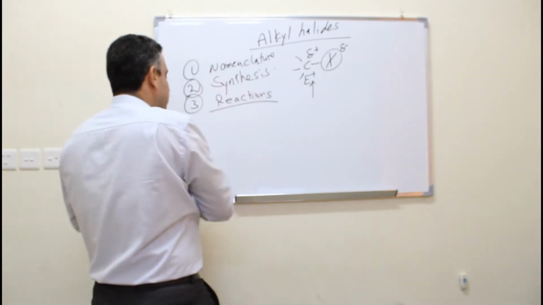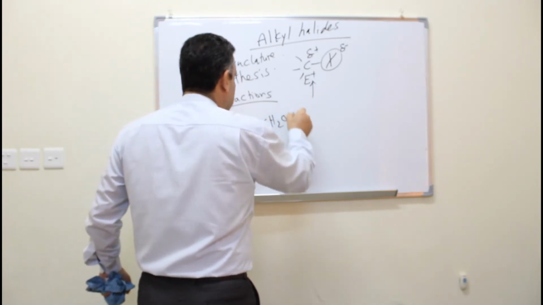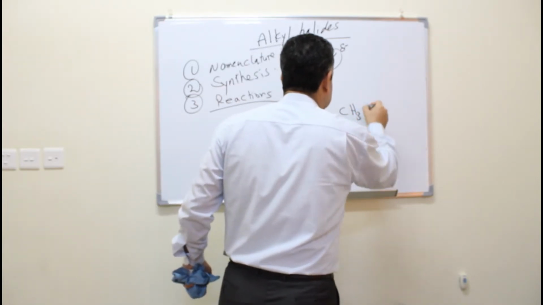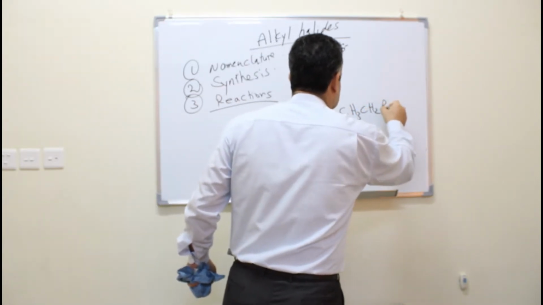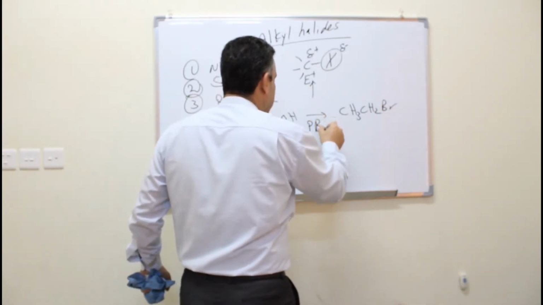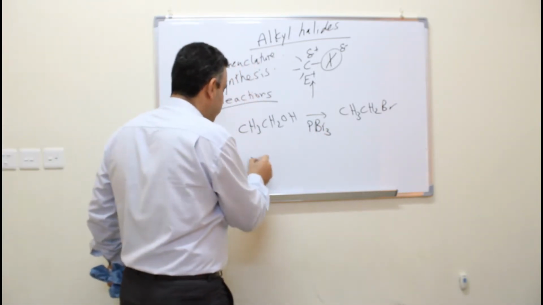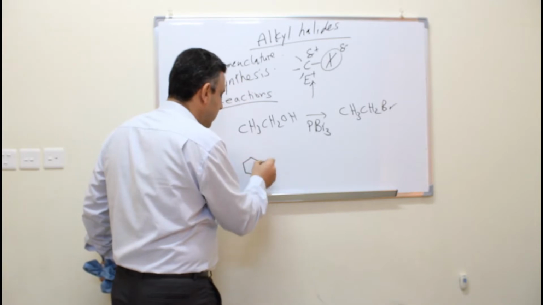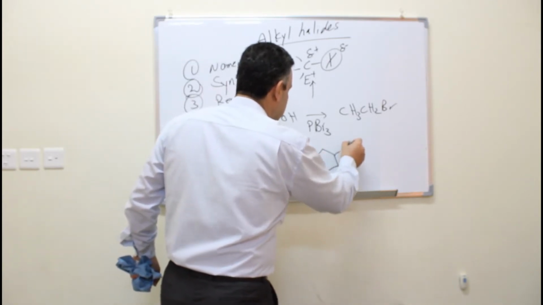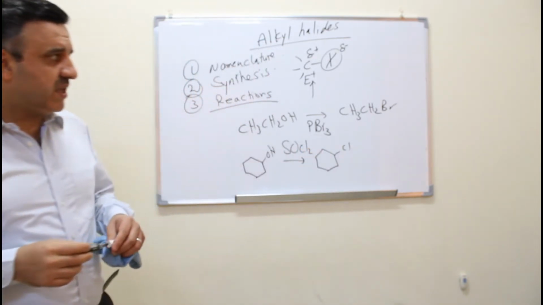So for example, if we want to convert ethanol to bromoethane, what we need here is to react it with phosphorus tribromide, and we will achieve that. If we want to convert, for example, cyclohexanol into chlorocyclohexane, it's better to use thionyl chloride, and we can achieve so.